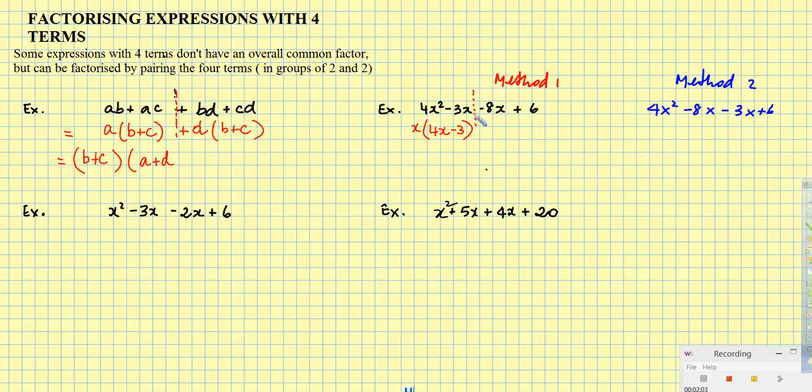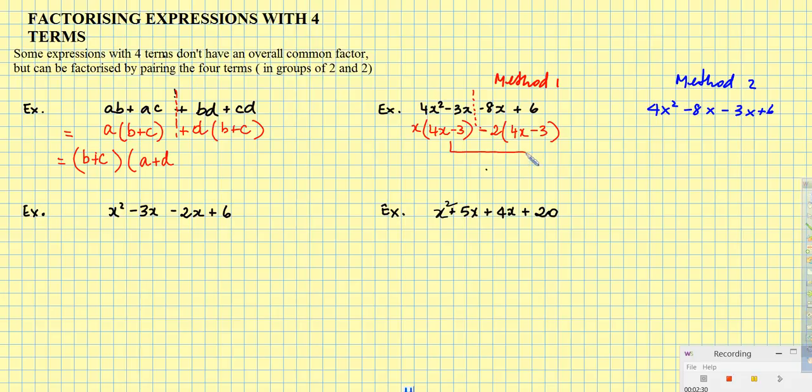If I now take a look at -8x + 6, the only thing I can really take out is a 2. So I take out a negative 2, and what would be left over is 4x - 3, because negative 2 times 4x gives me -8x, and negative 2 times -3 gives me positive 6.